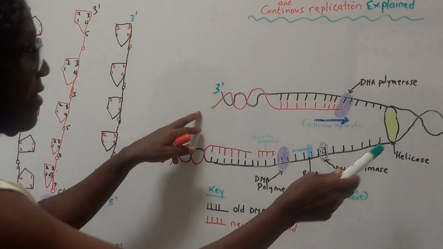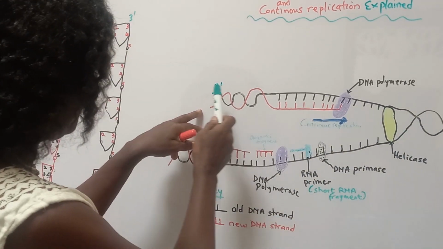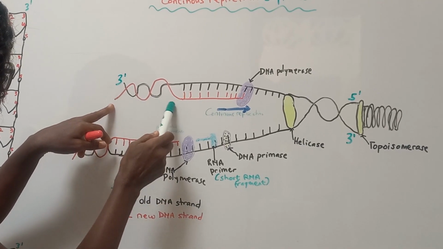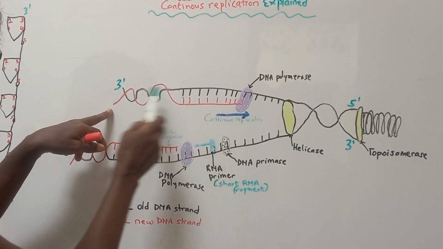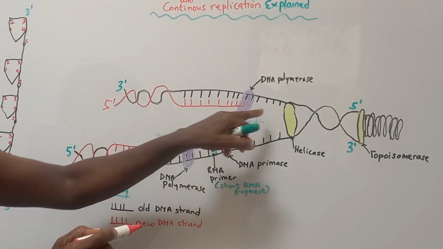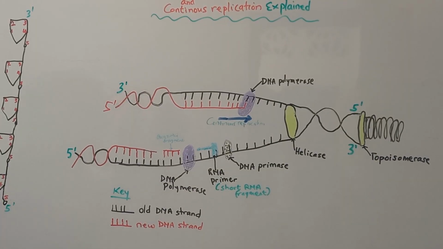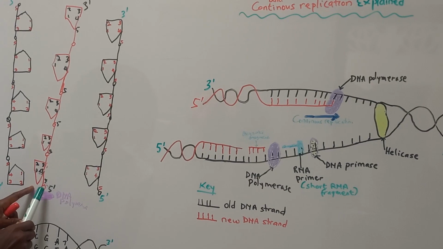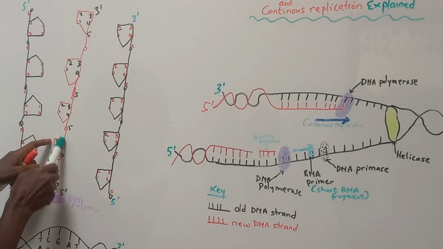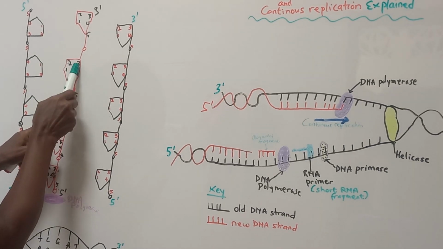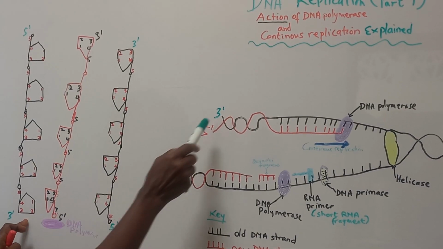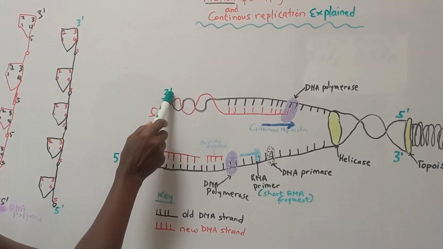That is why in this one you have DNA polymerase moving in 5 to 3 and forming this new strand that has 5 and the end will be 3 here. And DNA polymerase moves continuously, fitting in 5, 3. For this old strand, which is the black one here, you see it starts from 3 prime.